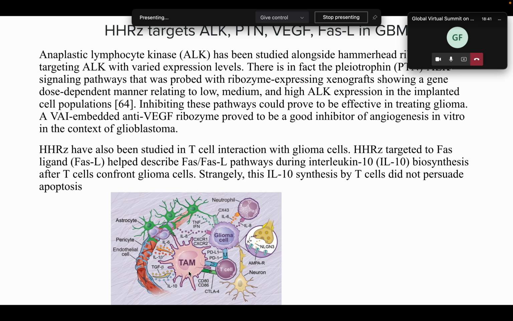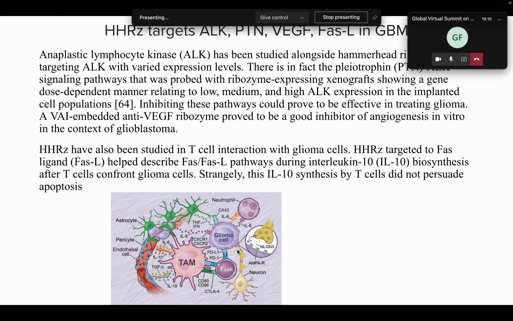So you have tumor-associated macrophage, you have IL-1 beta, IL-6, IL-8, TNF, interferon, CXCR1 and CXCR2, CX43, more IL-6, more IL-8, some potassium flux, as well as NLGN3, and then the T cell interacting with the glioma cell, interacting with the TAM cell through CD80, CD86, and CTLA4, as well as PD1 and PDL1 too.